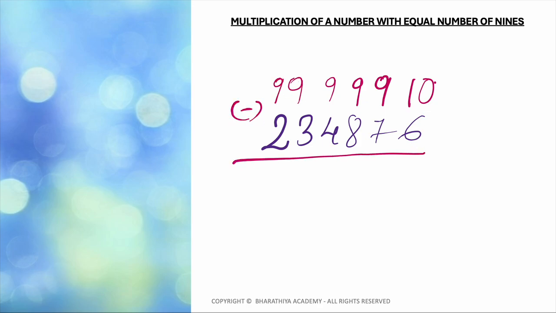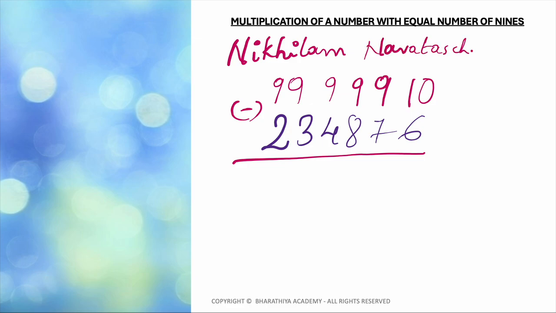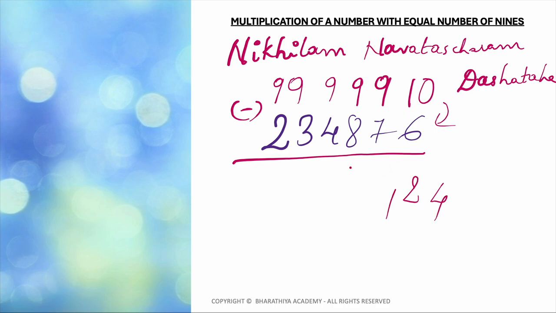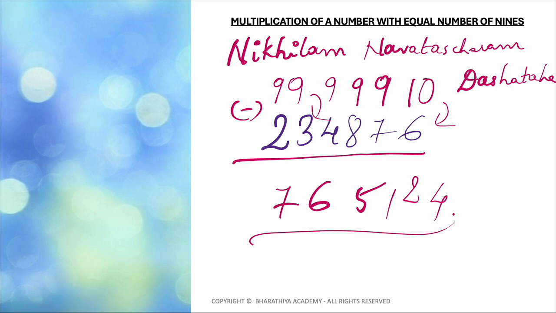Applying Nikhilam Navatascharamam Dashataha here: 10 minus 6 is 4, 9 minus 7 is 2, 9 minus 8 is 1, 9 minus 4 is 5, 9 minus 3 is 6, 9 minus 2 is 7. So this is our answer.